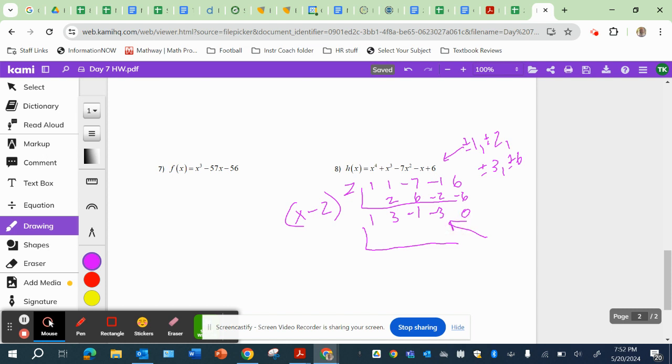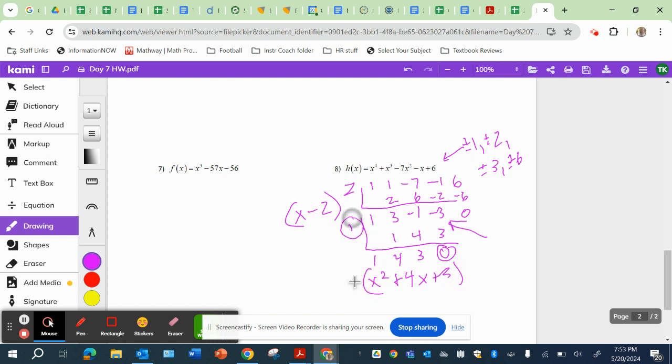my factors here are 3 and negative 3 and 1 and negative 1. So I'm going to do synthetic division with those. So I'm going to try 1. So that gives me a 0. So I'm left with x squared plus 4x plus 3.